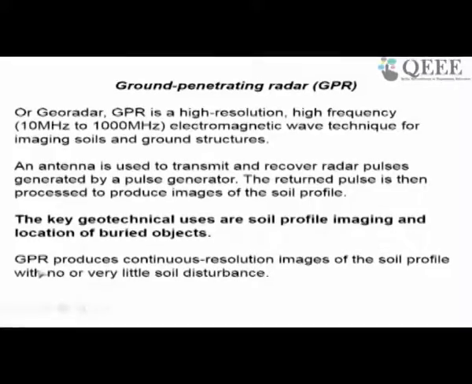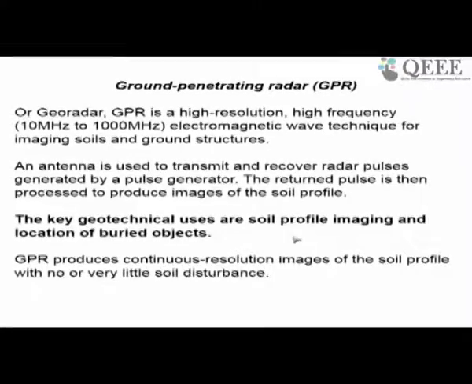This GPR is continuously run over the ground in a particular grid, and continuous high resolution images of the soil profile are received with no or very little soil disturbance.